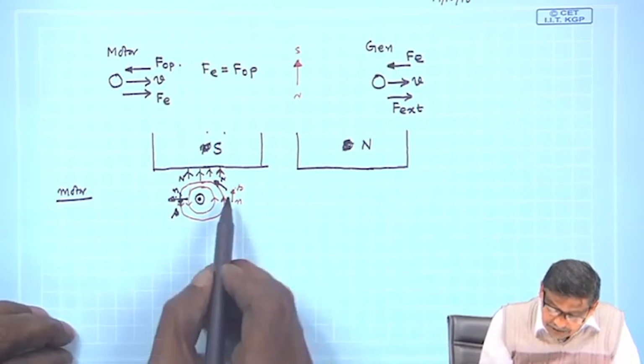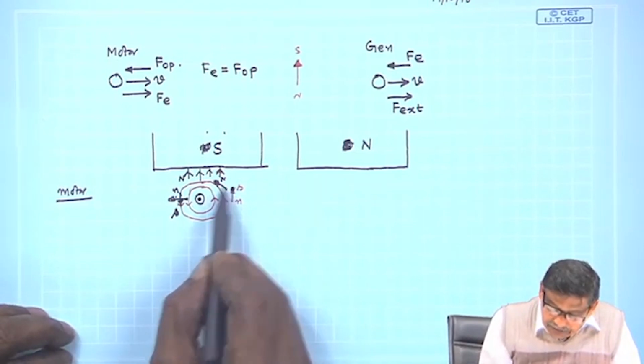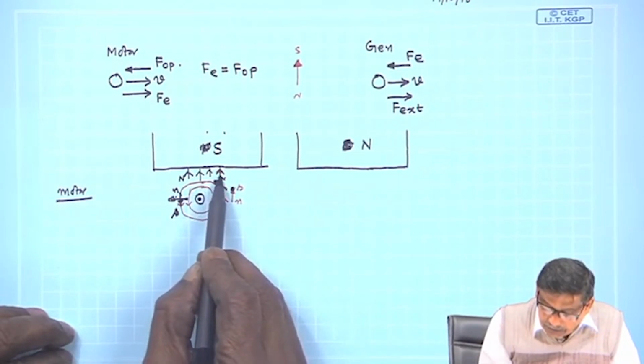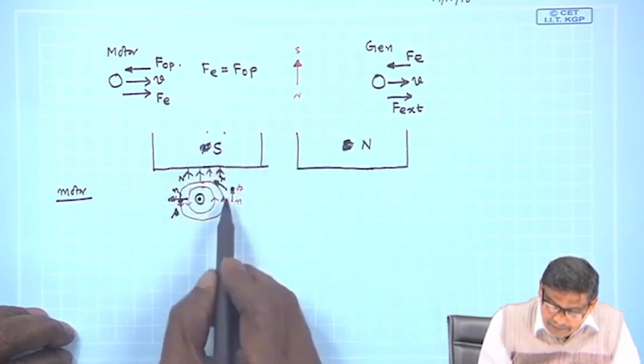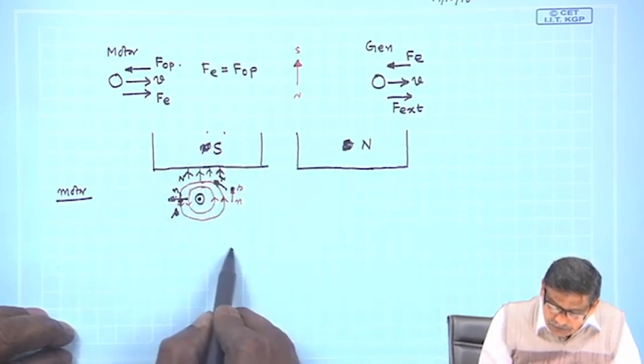For example, I will say this is south and here is a north, capital N, so this will have an attractive force here.